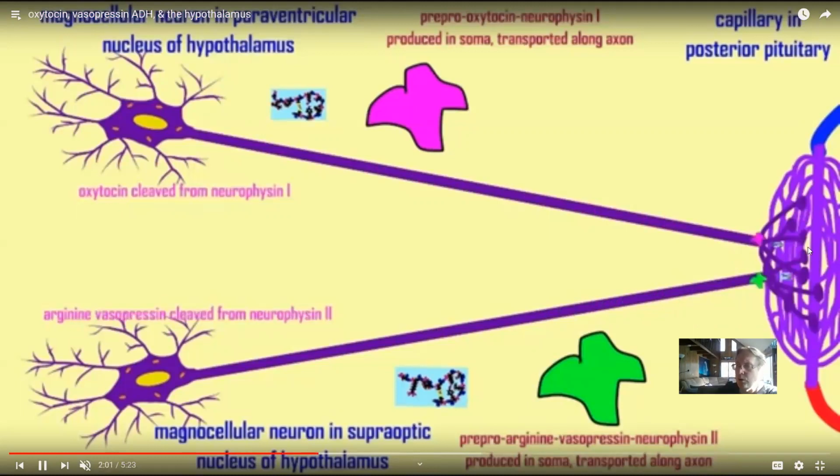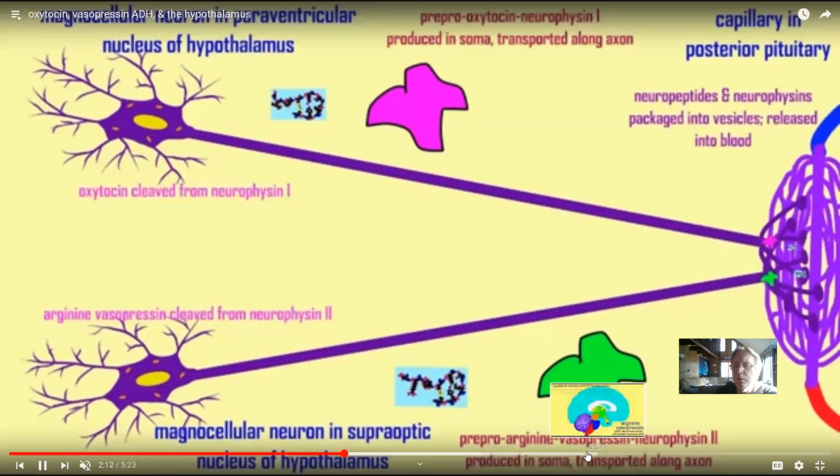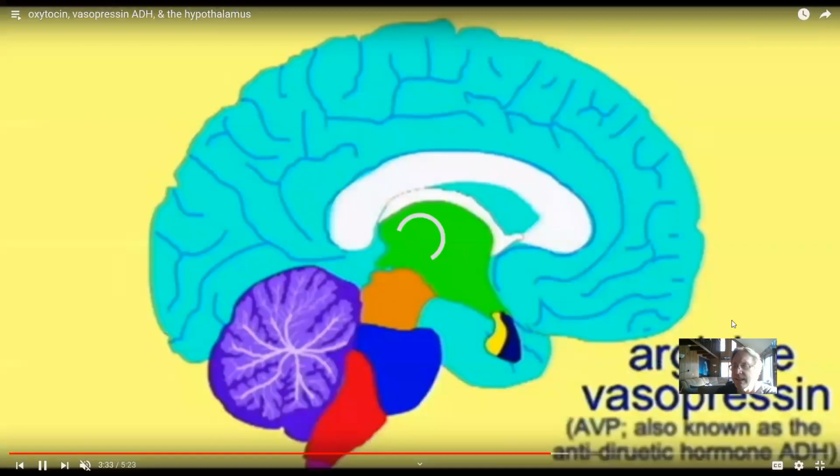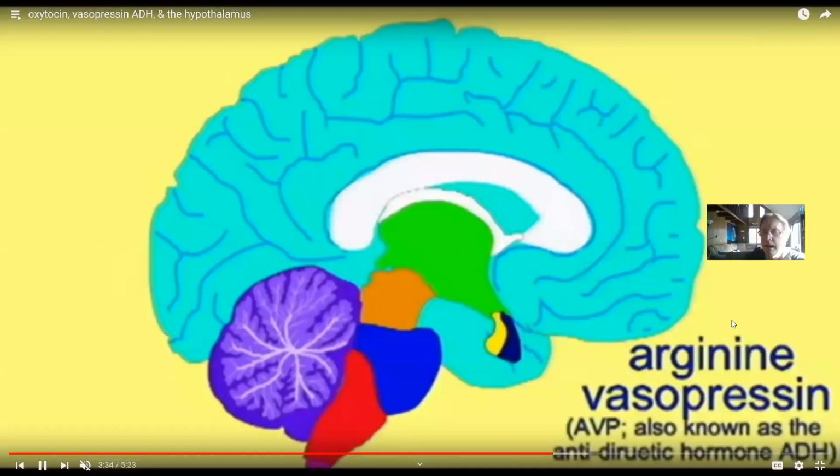So ADH could then cause the retention of water, or oxytocin could cause a number of changes this way. So once again, major hormones being made by the hypothalamus and then released into the blood.